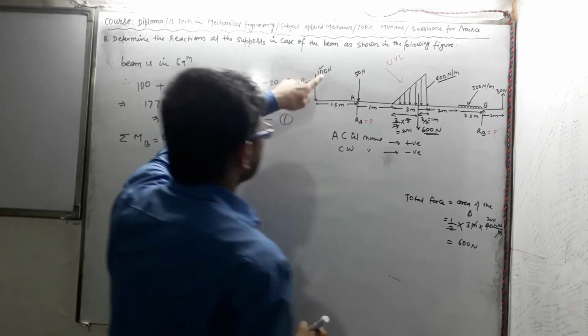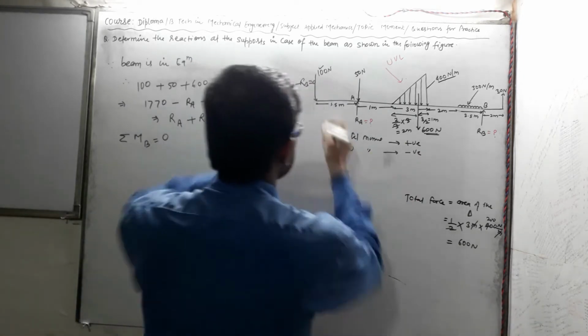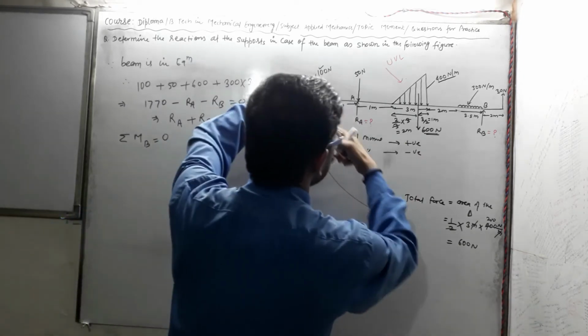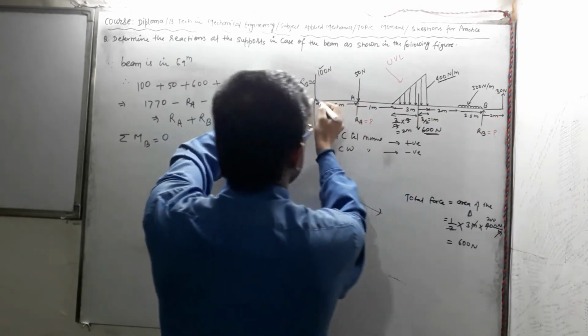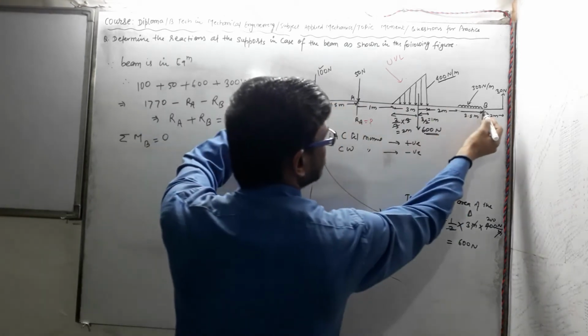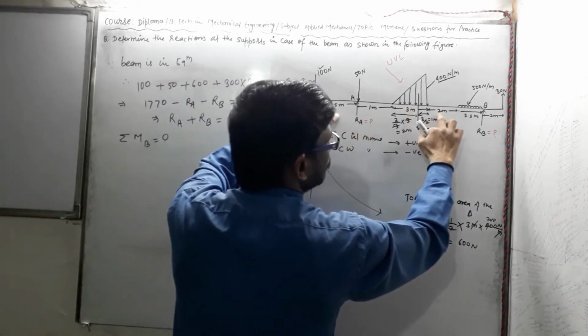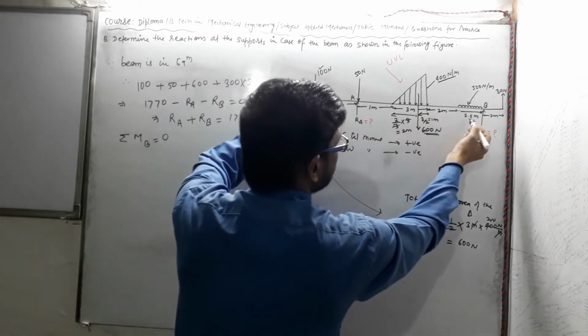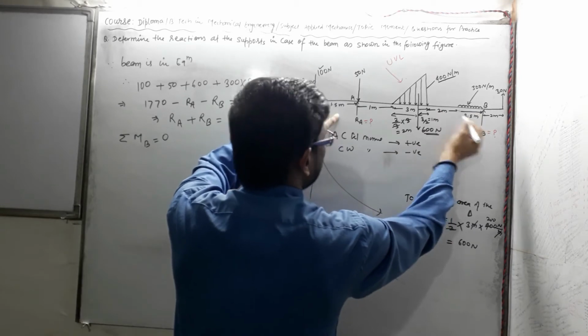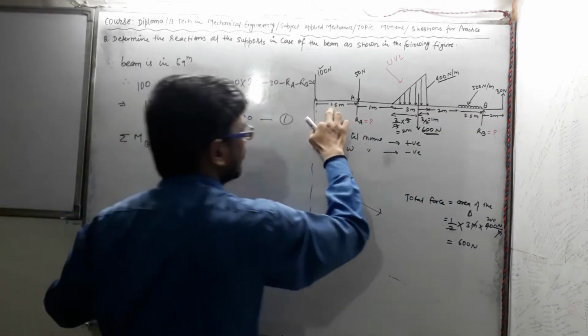So we can say this is producing anti-clockwise, see the 100 Newton force, and what is the distance between its line of action and the point B? 1.5, 1, 3, 4 plus 2, 6, 6 plus 1, 3.5, 9.5 plus 1.5, 11.